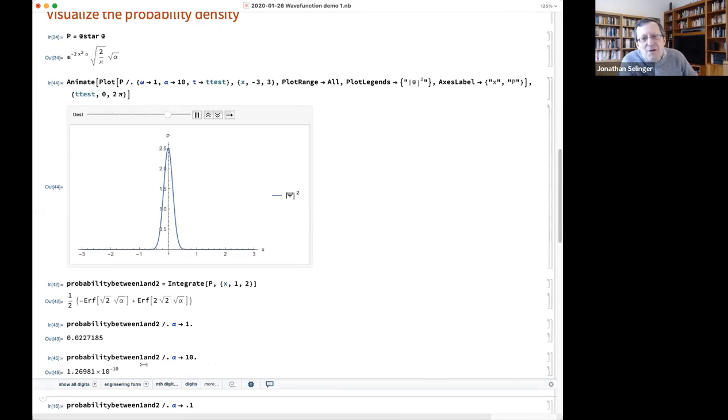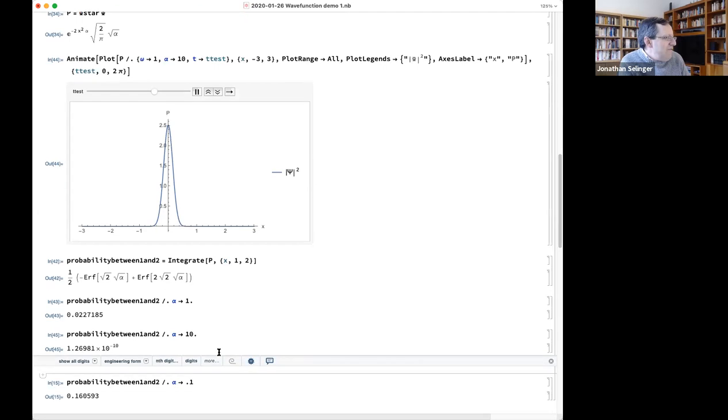So if the particle is really concentrated for X between minus a half and a half, the probability that the particle is out here between 1 and 2 is not quite 0, but it's like 10 to the minus 10. It's extremely small.